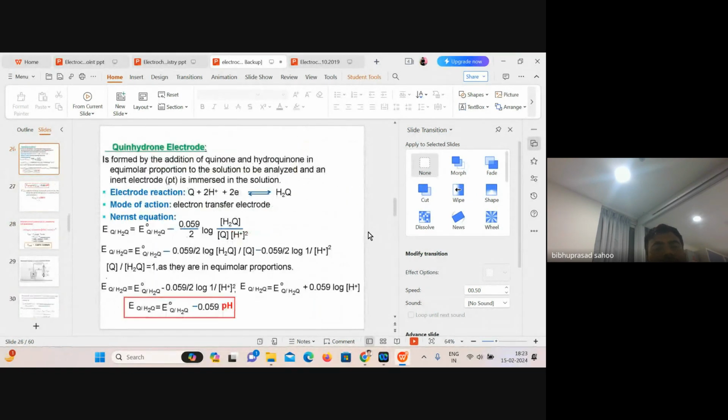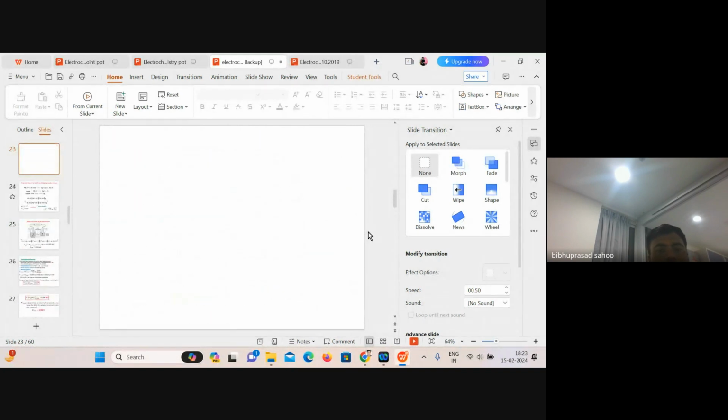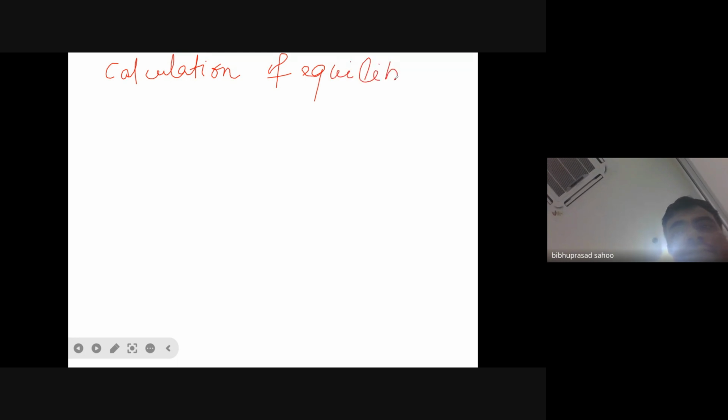One thing, calculation of equilibrium constant is very much in your syllabus. That is very important. Calculation of equilibrium constant using the Nernst equation.